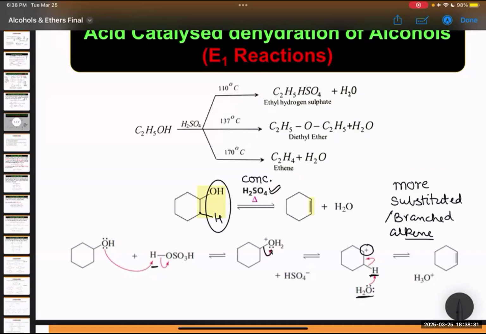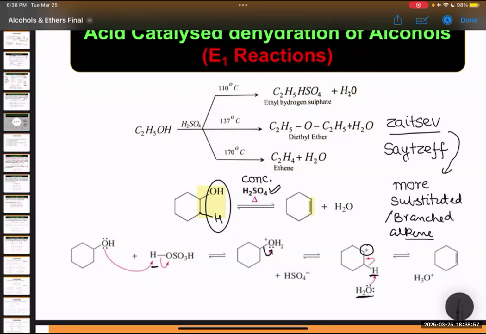And this alkene is known as Zaitsev alkene. That can form and that will be the major product. Okay. This is the mechanism.